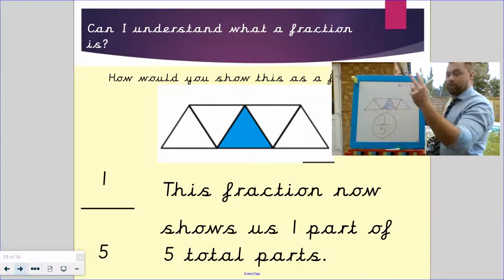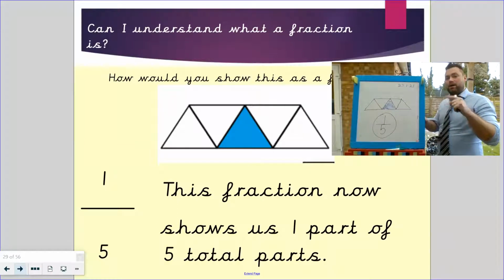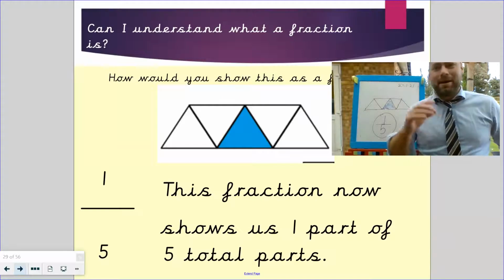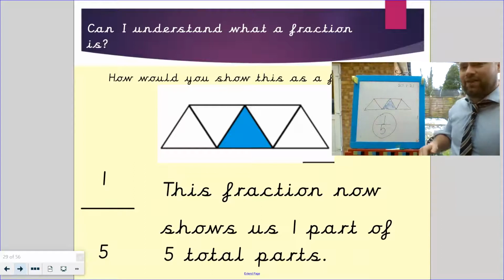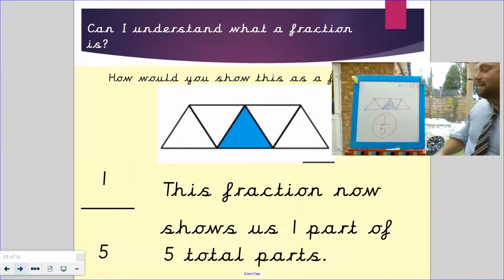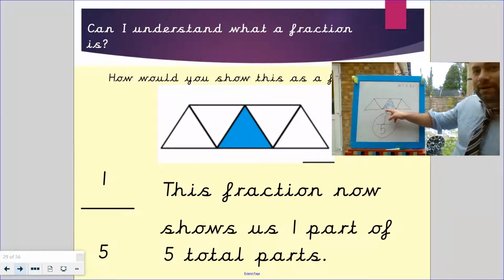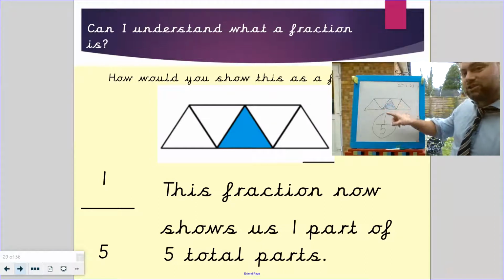This 1 part represents 1 part of the 5 that make up 1 whole. I know it gets a bit confusing, but that's what a fraction is. So we've taken our shape, divided it into 5 parts, and shaded in 1 of them. Now when we describe this picture as a fraction, it's showing 1 shaded out of 5 total.